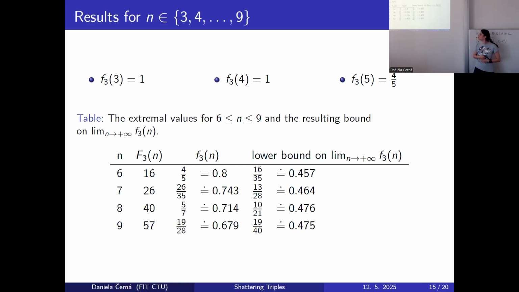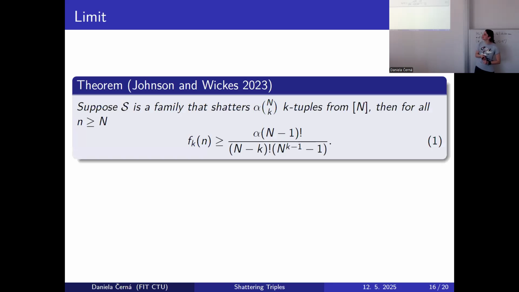So now we wanted to look at the lower bound for the limit. And it's actually this theorem from Johnson and Wickes, which says that if I have a family shattering alpha and choose k tuples, then for all n, at least n, I can find this.